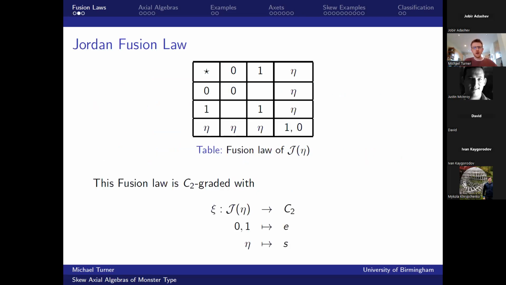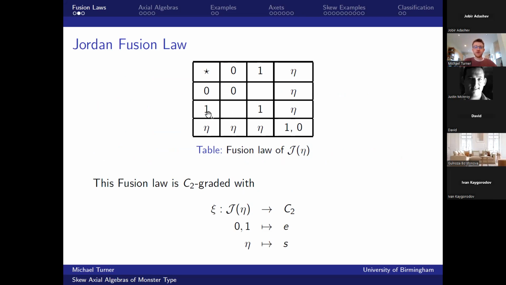Okay, so one of the main fusion laws that pops up in axial algebra theory is called the Jordan fusion law. It's a fusion law with 3 elements in its set, 0, 1, and eta. And the binary operator star is defined as follows in the table. We omit the curly brackets, and if we've got an empty entry, then that means it's equal to the empty set.